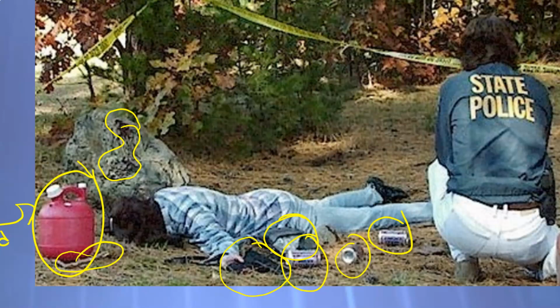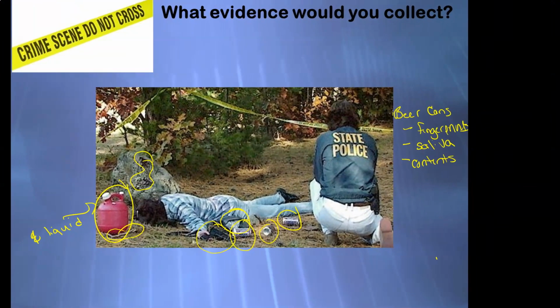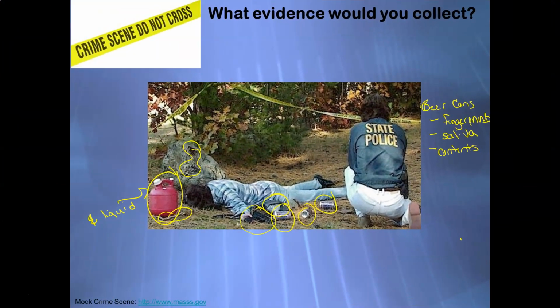You take a general assessment. You might even look at the bottom of the shoes and say, is there anything on the bottom of the shoes? There's a lot of stuff to look at in this picture. So think about evidence when we go into what would you collect and what would you do here. All right, so we're going to stop there and we'll talk about evidence and worksheets.